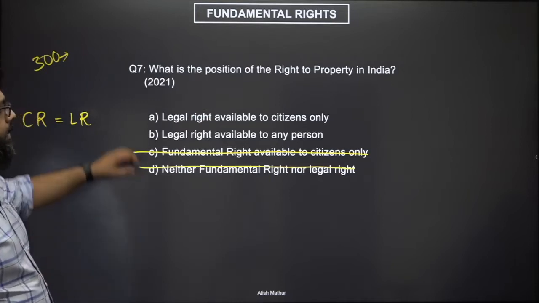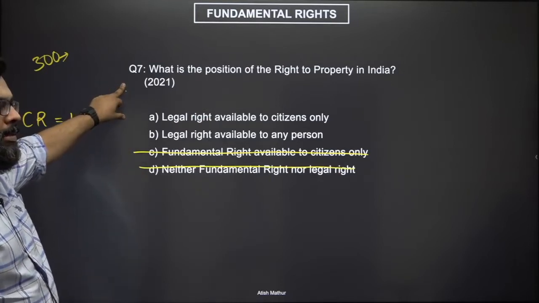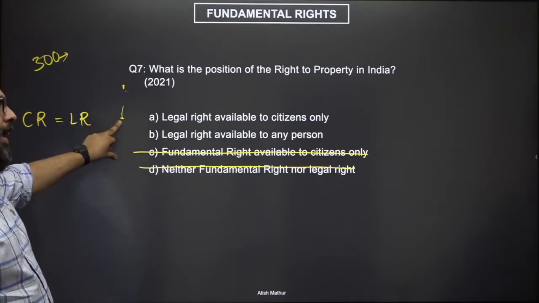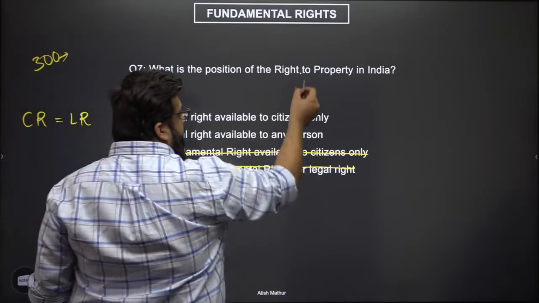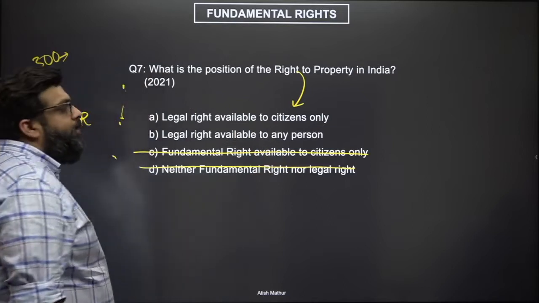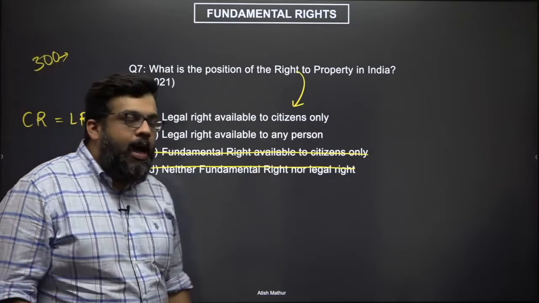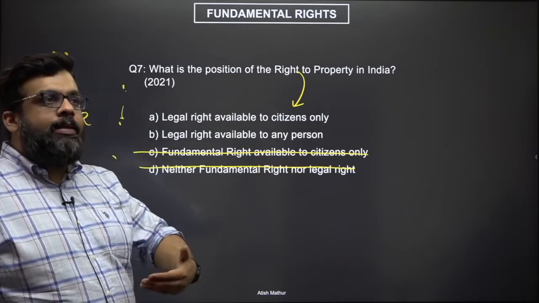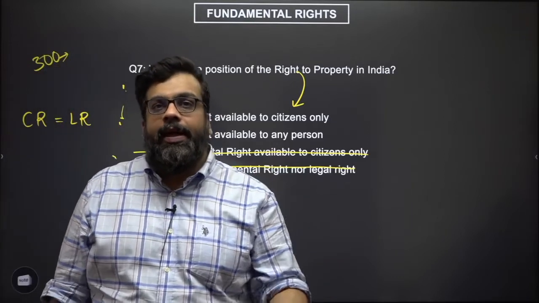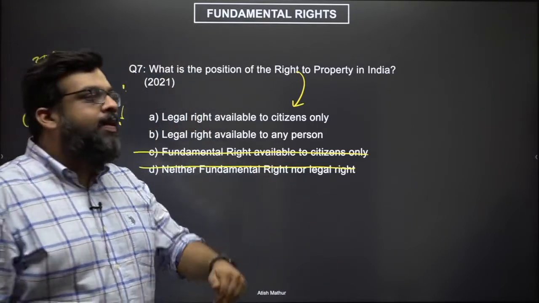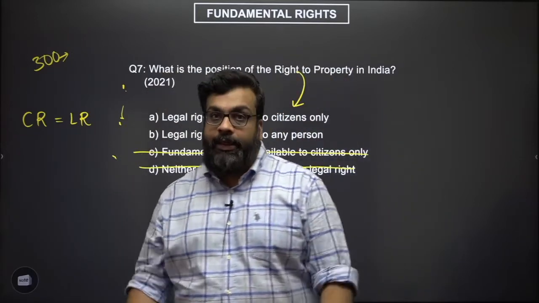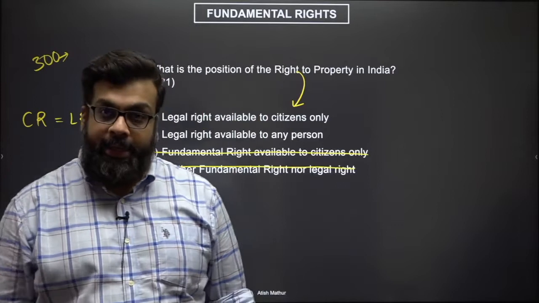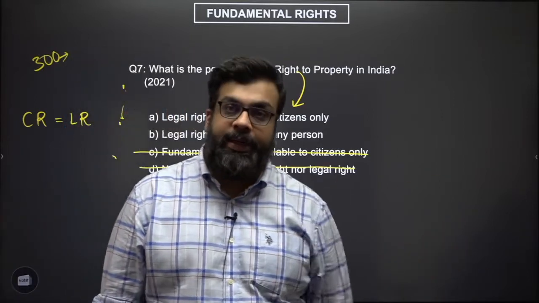Now, is it a legal right only for citizens or is it a legal right for anybody? Now apply the context. If right to property was a right only for citizens, then how would foreigners get the opportunity to invest in India, to live in India, to buy a home in India, to set up a restaurant in India, to set up a property in India, to set up a manufacturing unit in India?